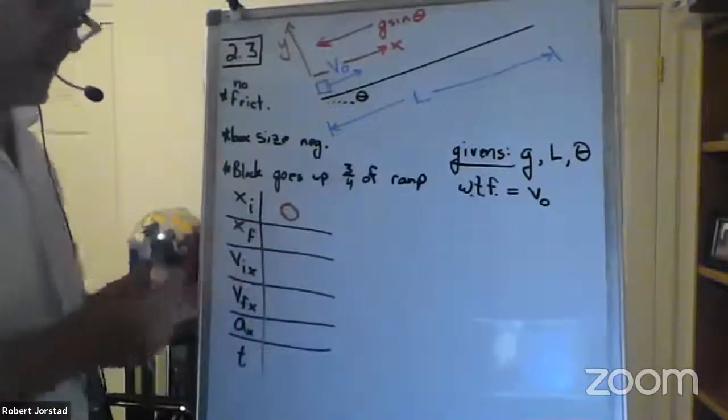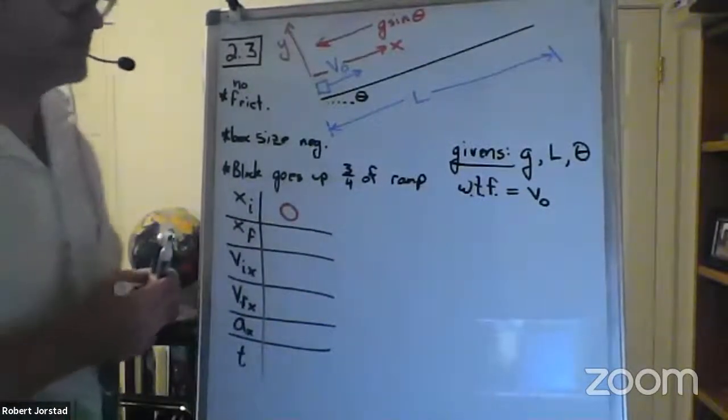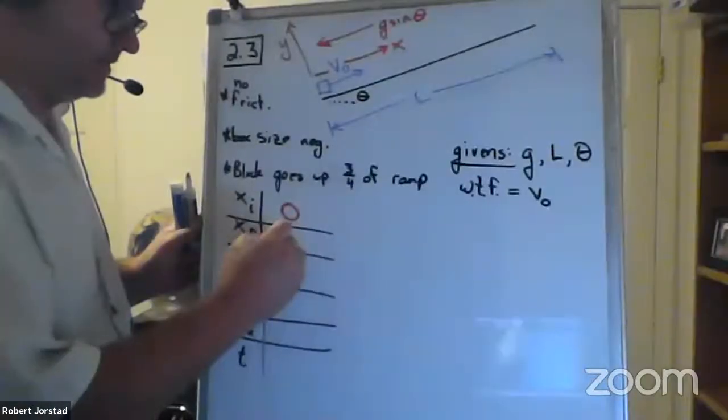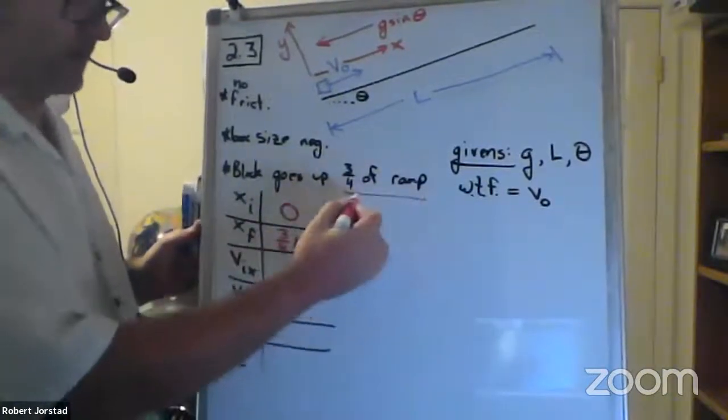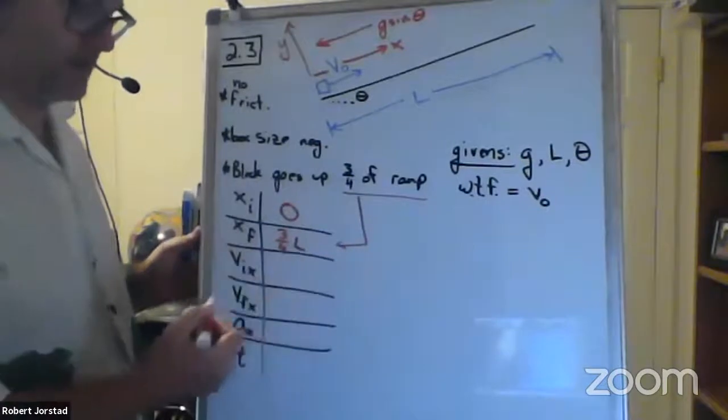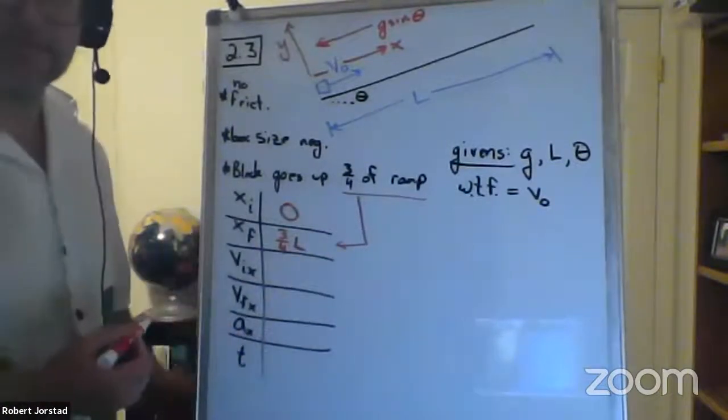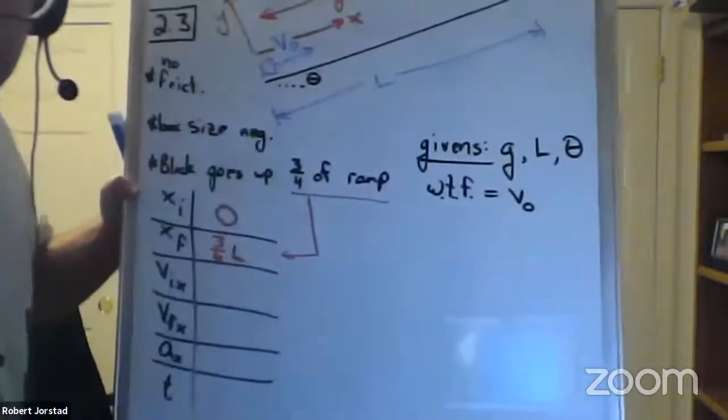Let's see, what's X final in this case? 3/4 of L. Exactly. It's not L. So you have to make sure you read the whole thing, and it says it only goes 3/4 of the way up the ramp. So that's why it's 3/4 L.